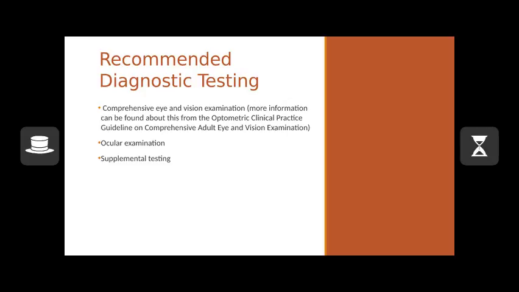And from your objective data, you'll be able to stage and grade the cataracts, and you can rule out anything. And if you need further testing, the things that I mentioned from the supplemental testing can be done. But definitely the first two are the strongest when it comes to the diagnostic testing.